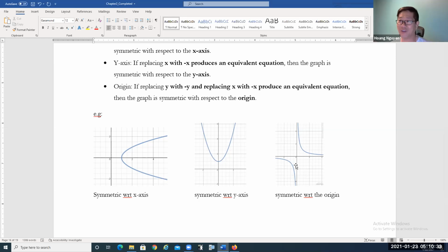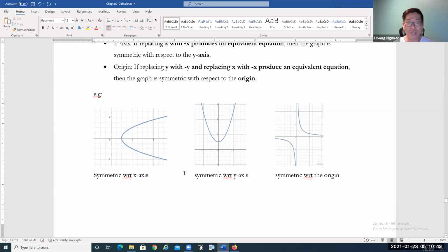So this is the graph over here. You can base on the graph to determine if we have symmetry with respect to the x-axis, y-axis, or the origin. Okay. Now we're going to talk about the properties in terms of the points.